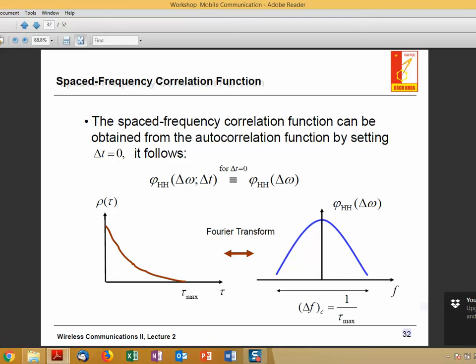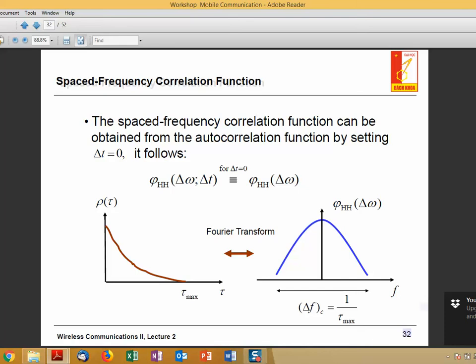If the channel has a very wide, let's say, coherent bandwidth.